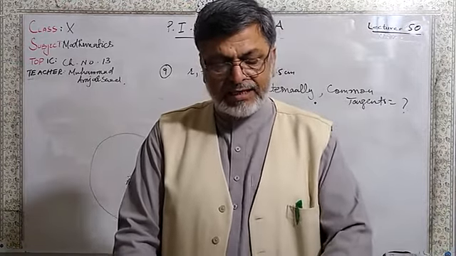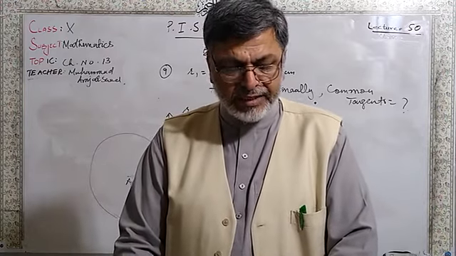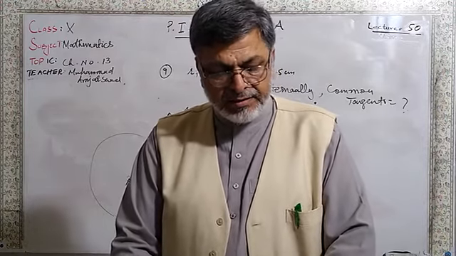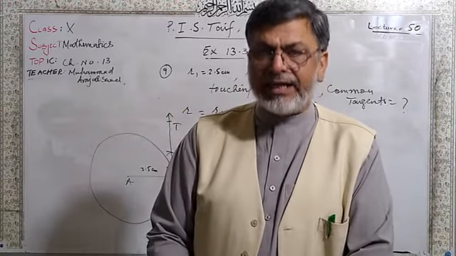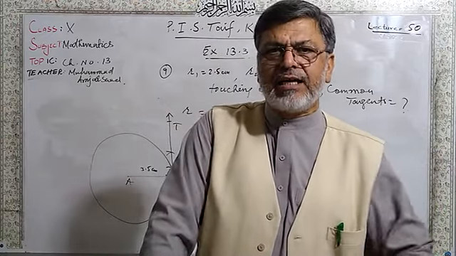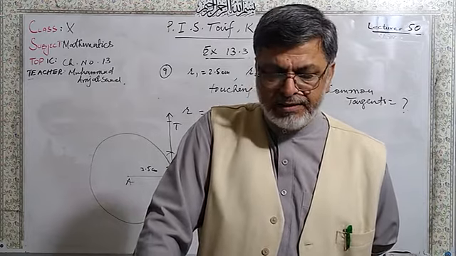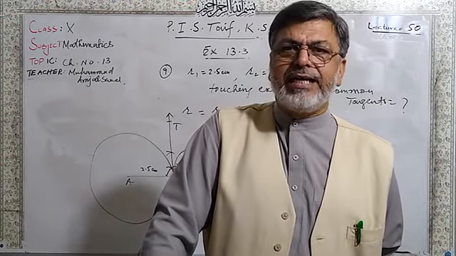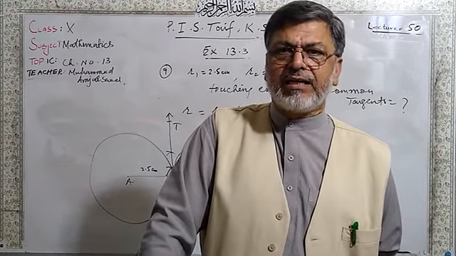The measure of the external angle of a regular hexagon is 60 degrees, that is pi over 3. If the in-center and circumcenter coincide, then the triangle is an equilateral triangle. Actually, the in-center is the center of the inner circle, and the circumcenter is the center of the outer, external circle.